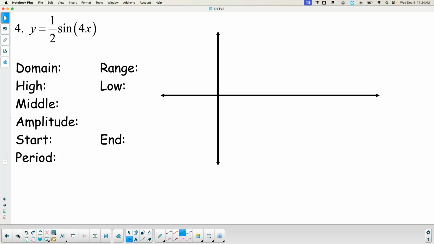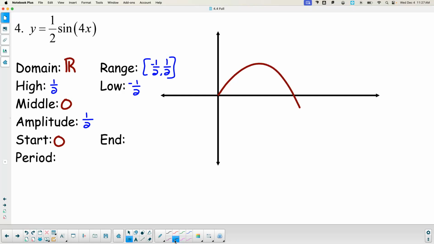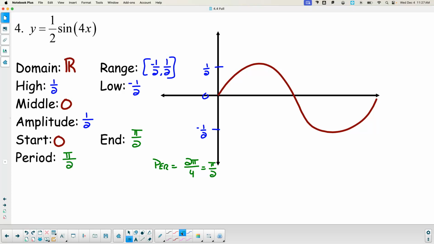Kick it up a notch. Oh, regular sine. Half of pi over 2 is pi over 4.